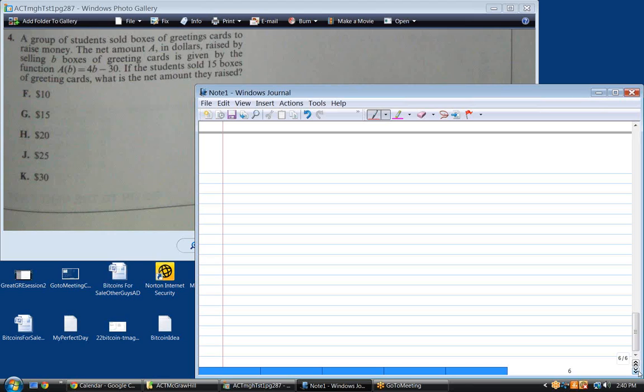And you should probably have your calculator next to you along with some scratch paper and a pencil. If you don't have it, why don't you go get it? Because we want you to be in exactly the same state you're going to be when you take the ACT test. Okay, let me go grab my calculator really fast.